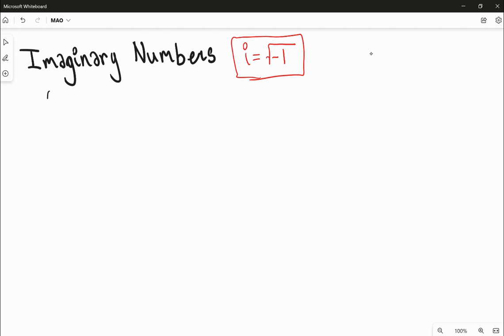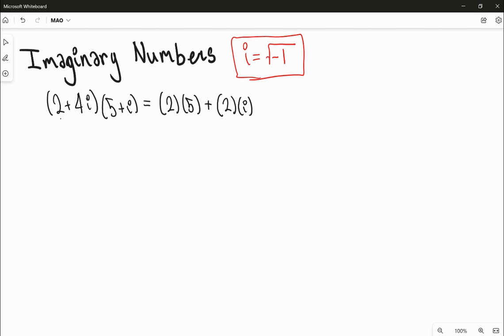Let's do 2 plus 4i times 5 plus i. Well, if we multiply that out, you get FOIL, so 2 times 5 plus 2 times i.